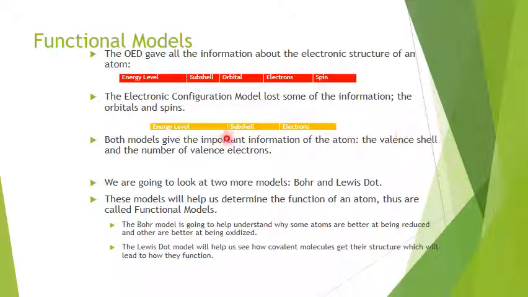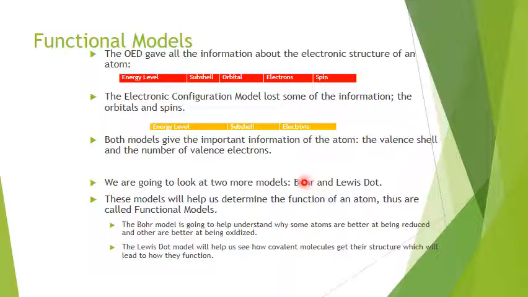But now we know what the structure of the atoms are, what we want to do is actually see how that might relate to how it behaves. And so what we're going to do is come up with models that tell us something about its function. So I call these functional models. And there's the Bohr model.